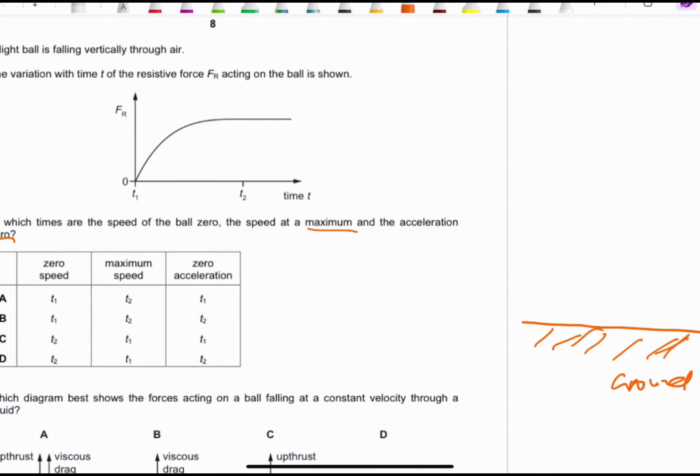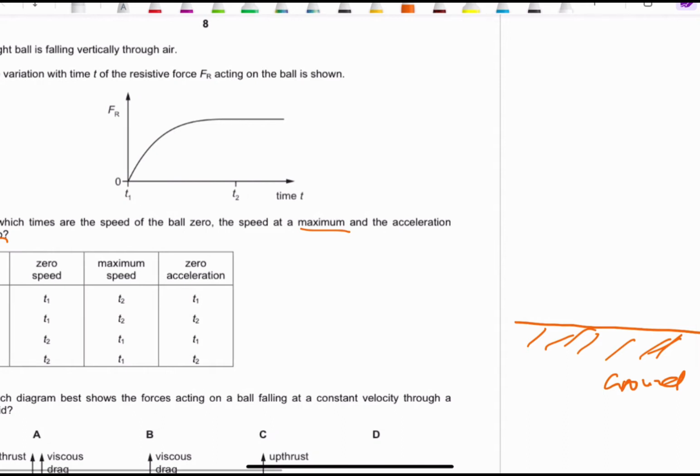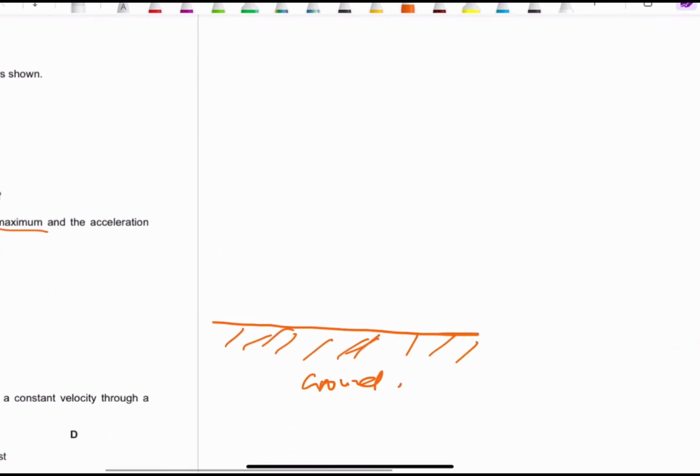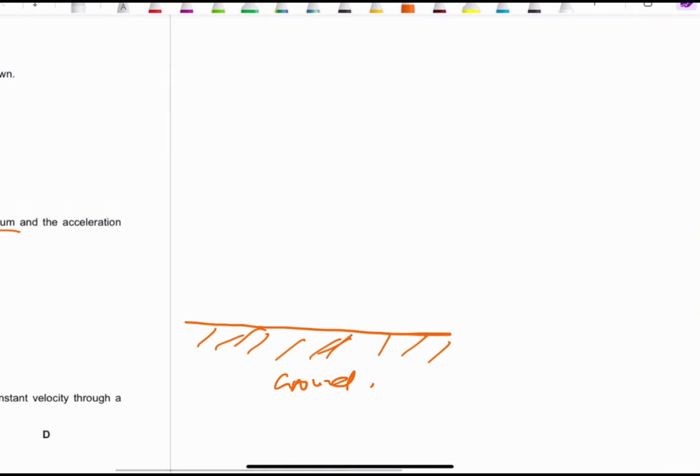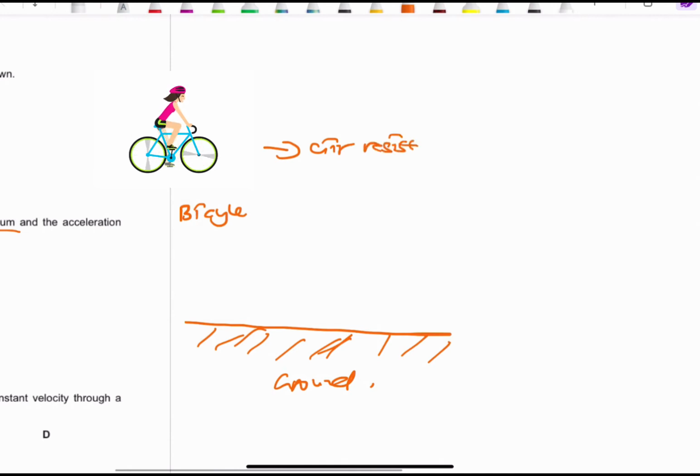Let's see. If you've ever ridden a bike, I'll give this example because it's much easier to understand. As the bicycle moves or is being cycled, there will be air resistance. As the bike moves forward, the air resistance will act backwards, because if you're riding a bike, the wind is acting as if it's hitting you in the face. It's opposing the motion that you're creating.